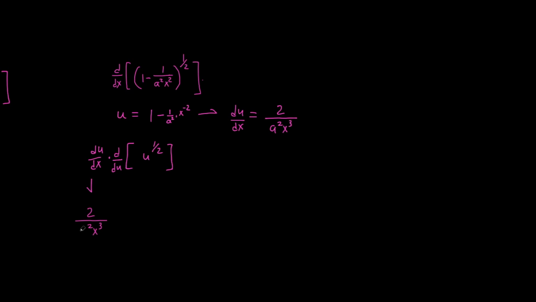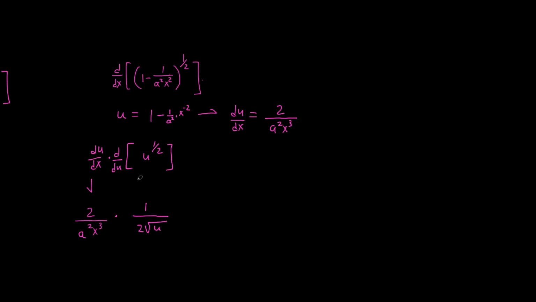Actually, I'm going to fix that a because it looks like a 9, times the derivative of u to the 1/2, which is going to be 1/2 times u to the negative 1/2, which is the same as 1 over 2 times the square root of u.